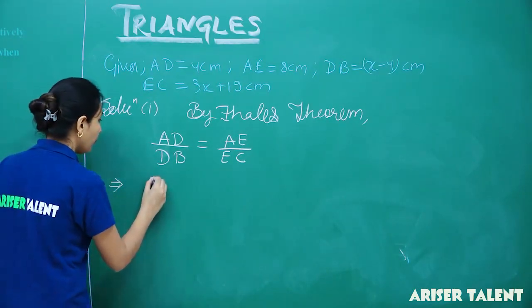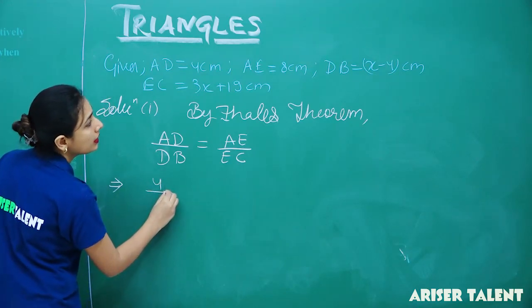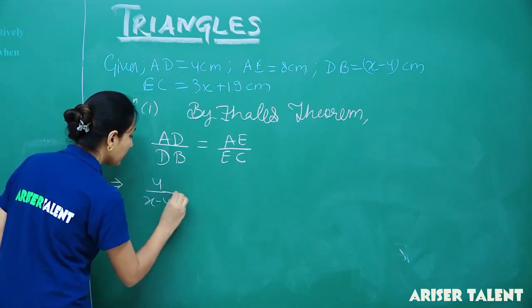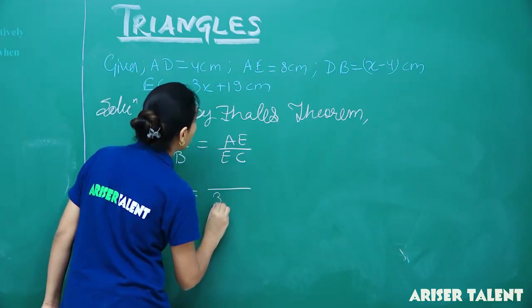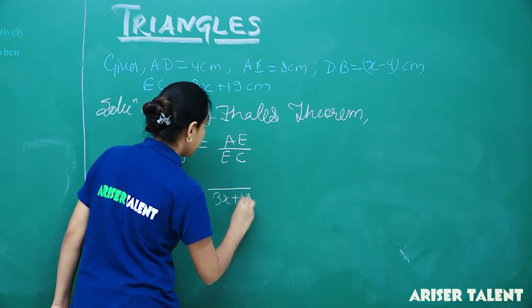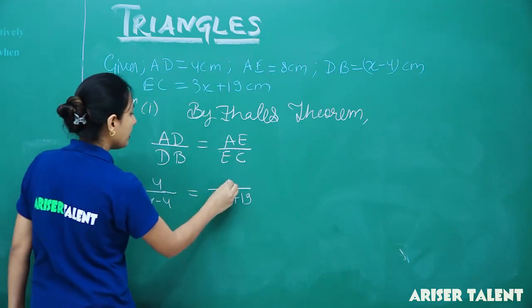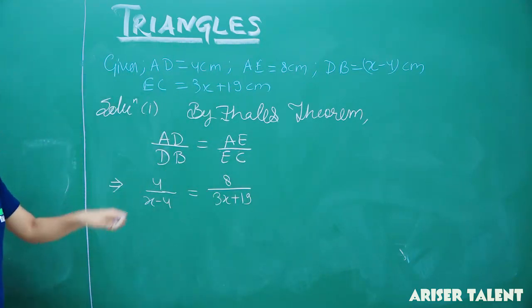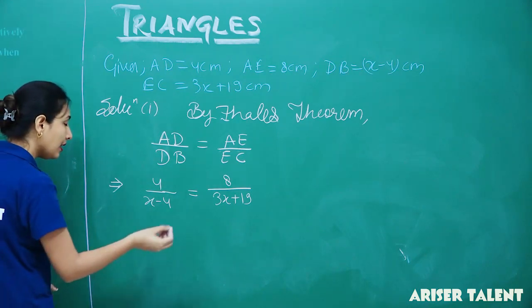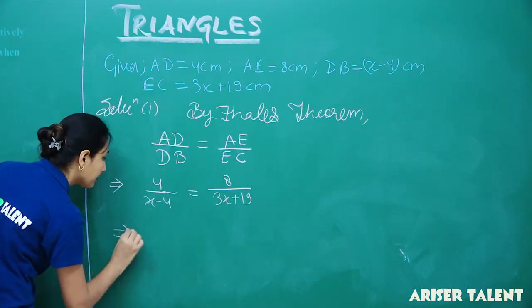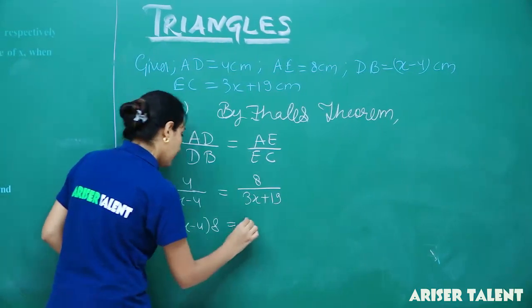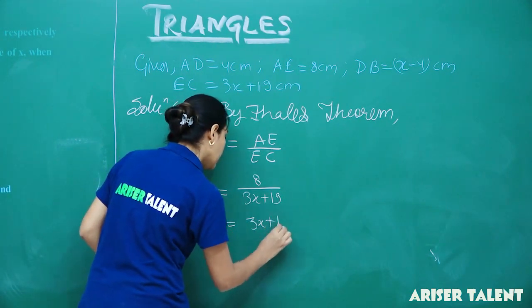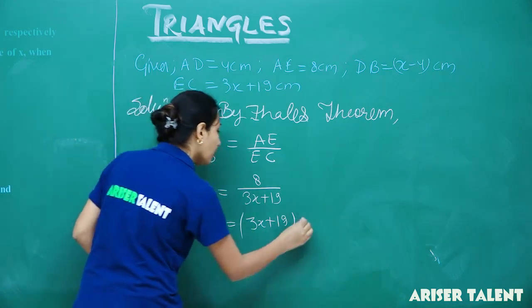So the value of AD is 4, DB is x minus 4, EC is 3x plus 19, and AE is 8. Now just cross multiply. That becomes x minus 4 multiplied by 8 equals 3x plus 19 multiplied by 4.